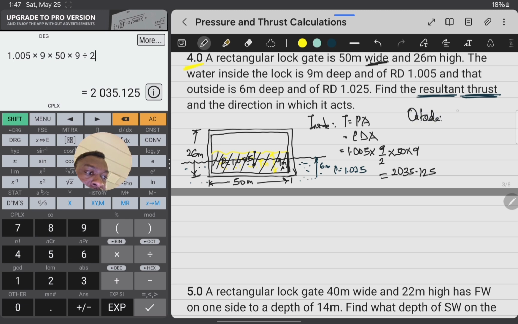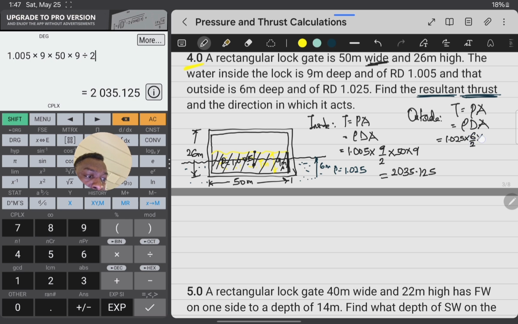Outside, T again is PA, rho g D A, and the density for the outside is 1.025 times the depth to the centroid, because it's also a vertical plane surface.